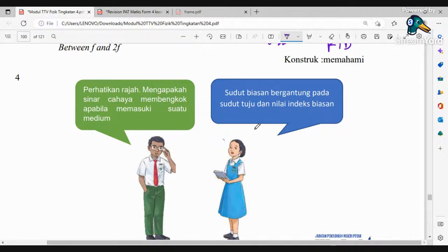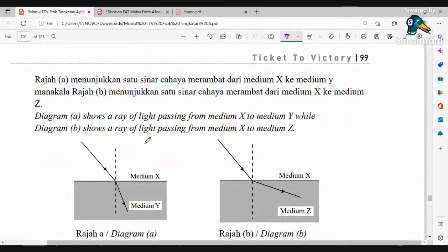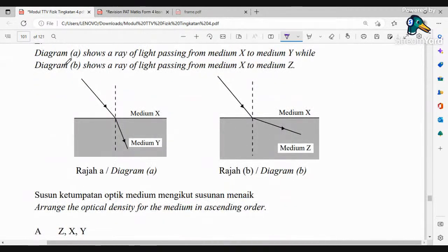The student answers the question: angle of refraction depends on angle of incidence and refractive index. So diagram A shows a ray of light passing from medium X to Y, while B from X to Z. Arrange the optical density for the medium in ascending order.